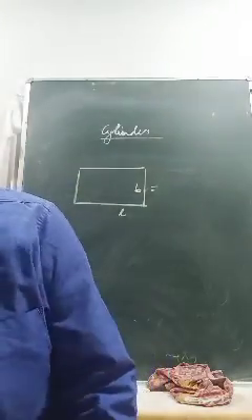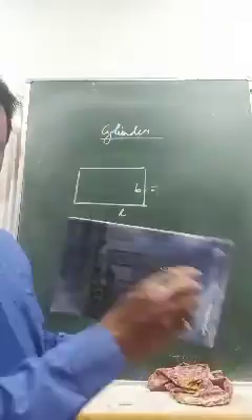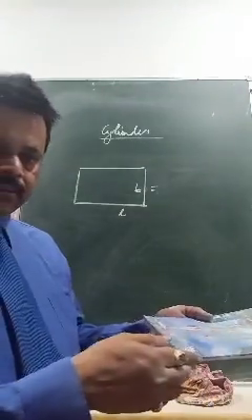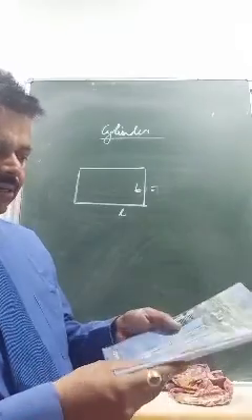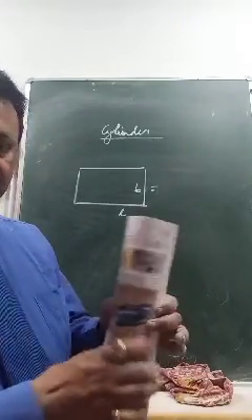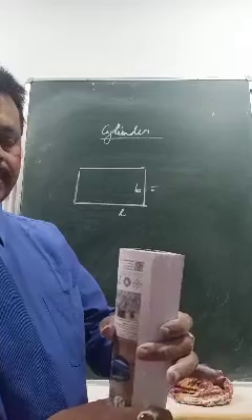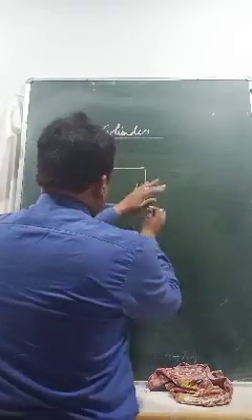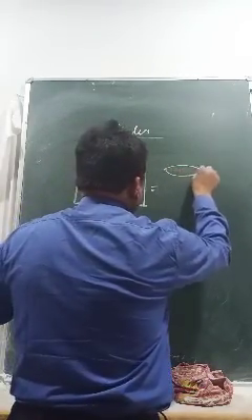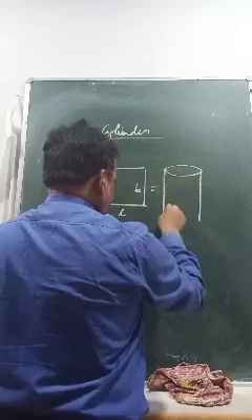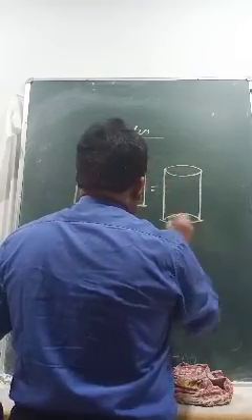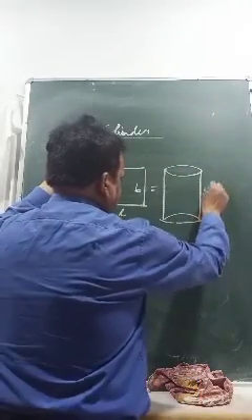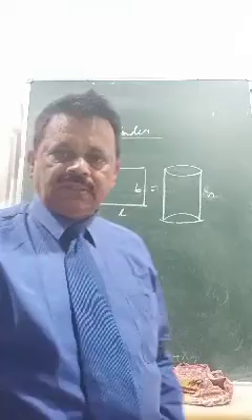Look, this is a rectangular piece of paper, this is L, this is B. Now what I will do is fold it. Fold means it becomes a cylinder. When you fold it, you are folding this side, this becomes a cylinder. Okay, this is folded, height will remain, this is B. B becomes H.